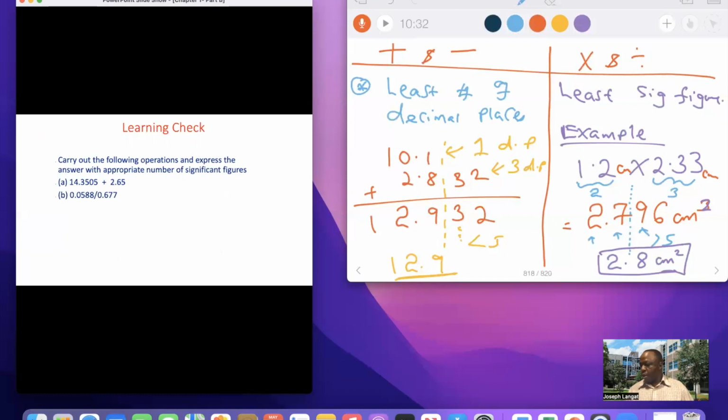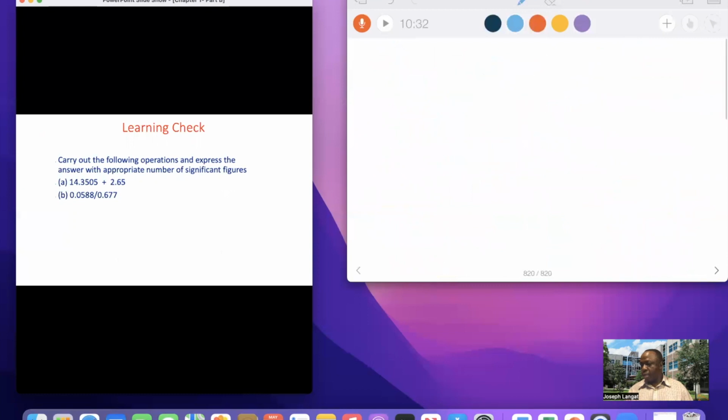So if I look at the learning check here, let's see real quick. I hope you will use your calculator in A. I'm just going to give you the answers for A real quick.